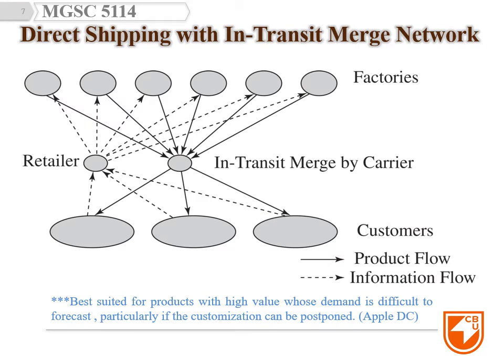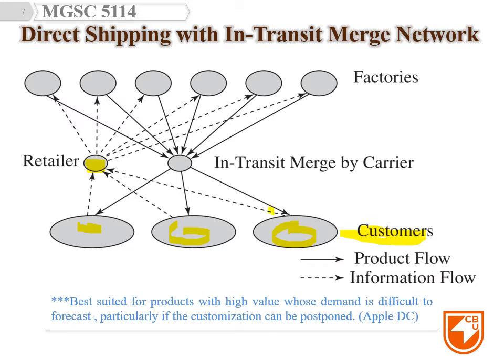The second type of distribution network that we are going to review is called the direct shipping with in-transit merge network. So the first step is to properly read what we see here. Each customer, because the order starts from the customer, will put an order directly to the retailer.